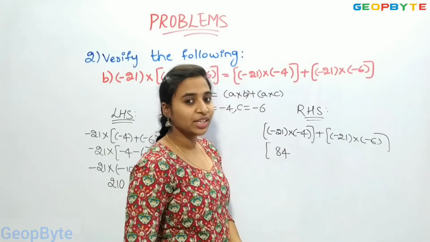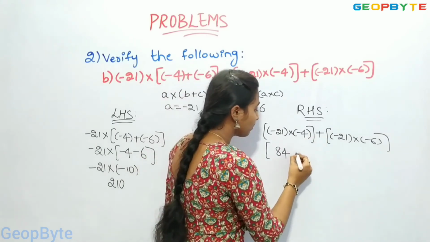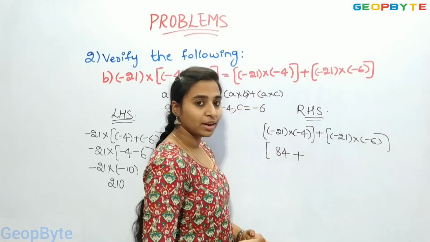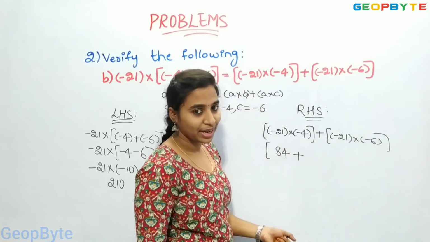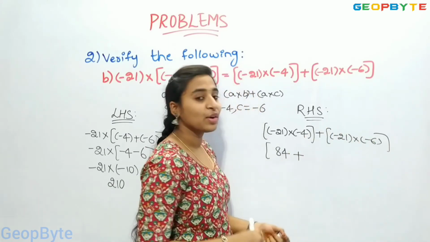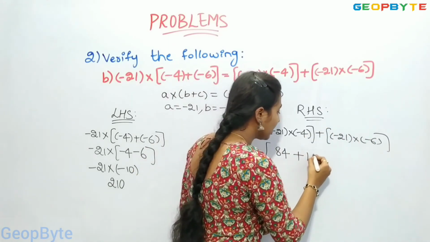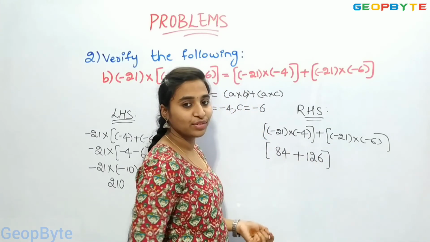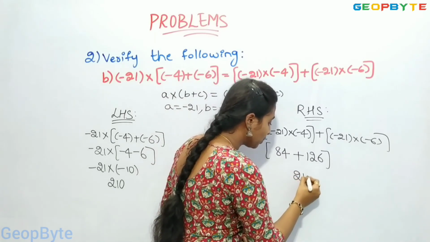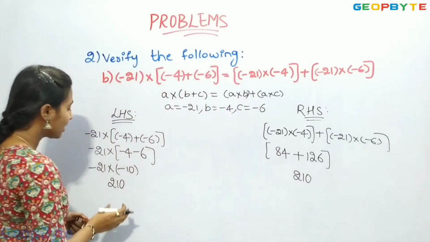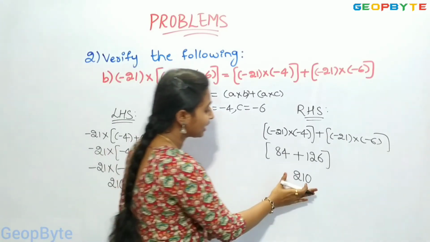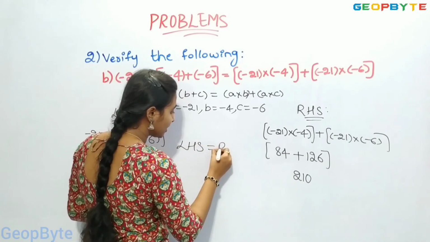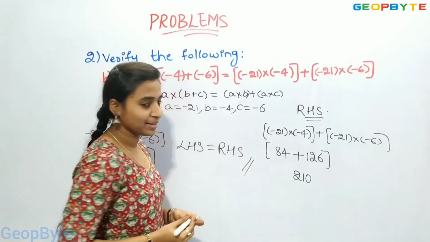Positive integer 84 and we have plus here. We have minus 21 into minus 6. Now, minus into minus plus, 21 6s are 126. We will get a positive integer 126. 126 plus 84 is nothing but 210. In the left hand side, we got 210. On the right hand side, we got 210. That is, we verified that LHS is equal to RHS.